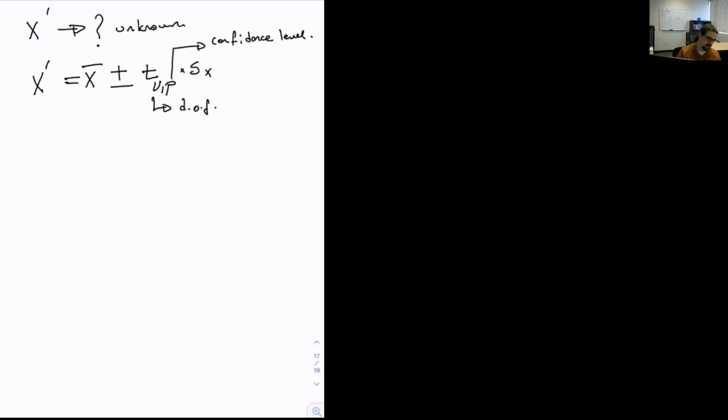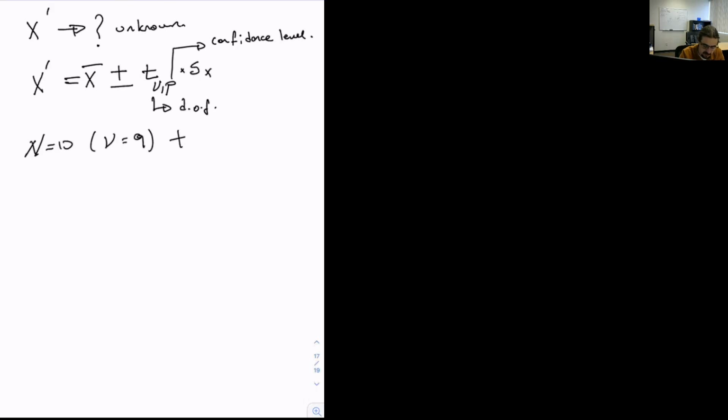So the t-value basically gives you a way to adjust your confidence interval. For example, say I want my confidence interval at the 50th percentile, and let's say your sample size was 10, so your degrees of freedom is going to be 9.